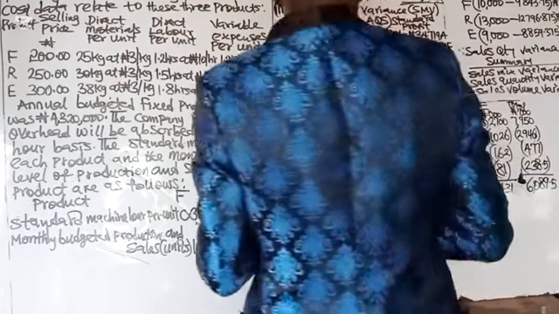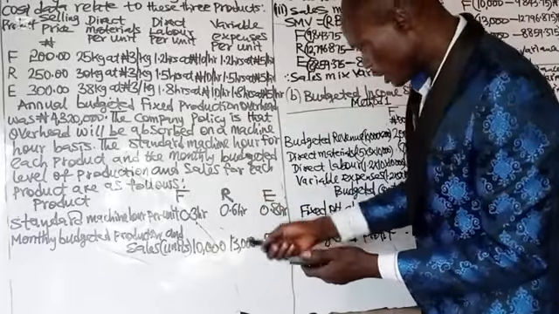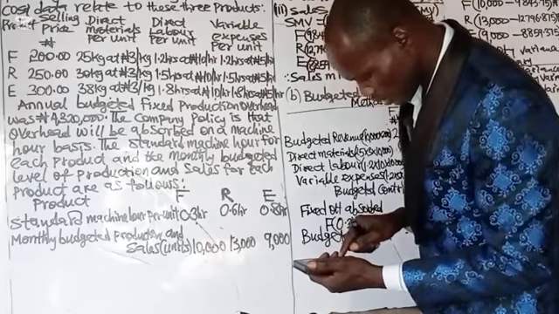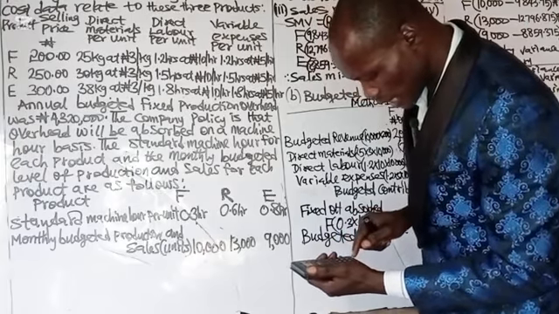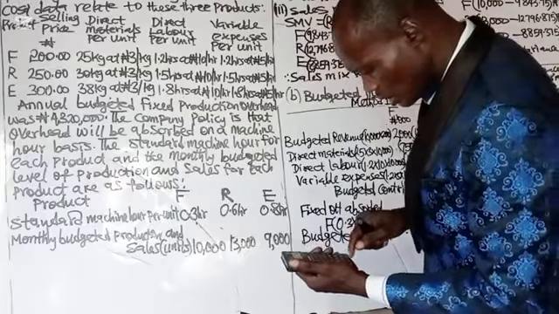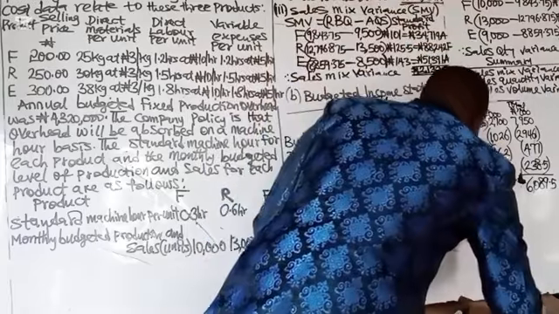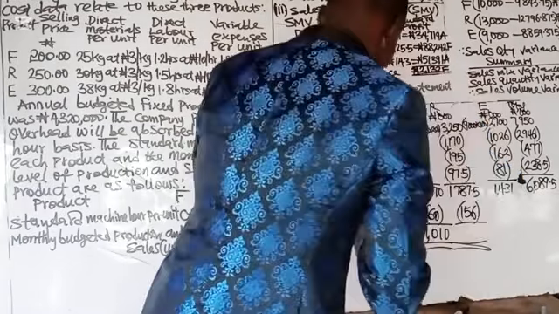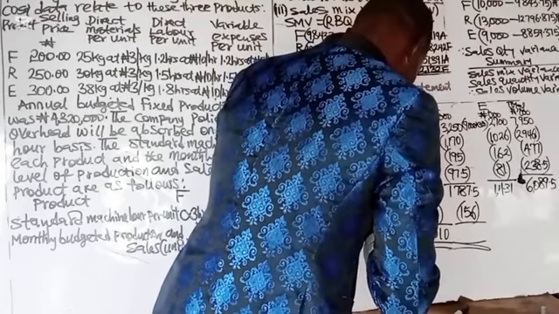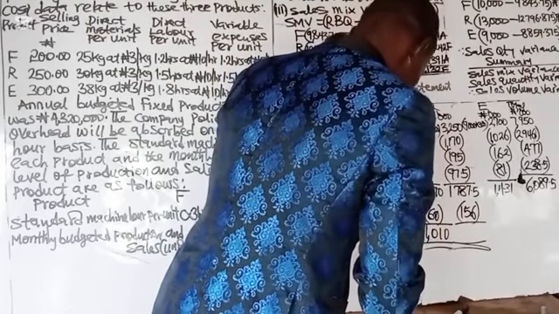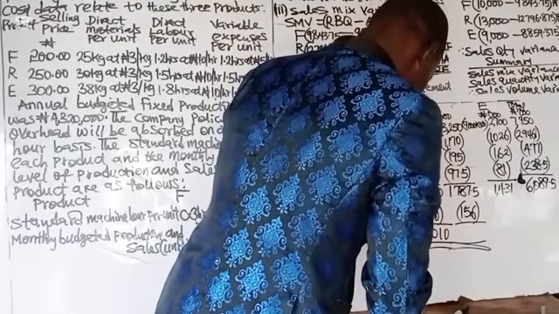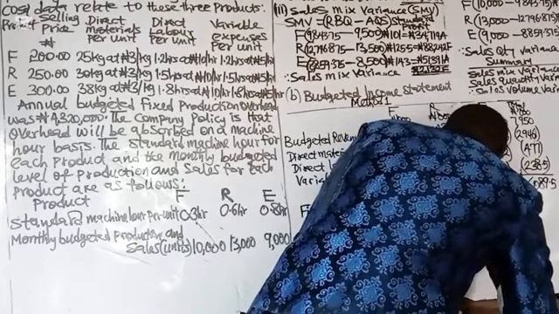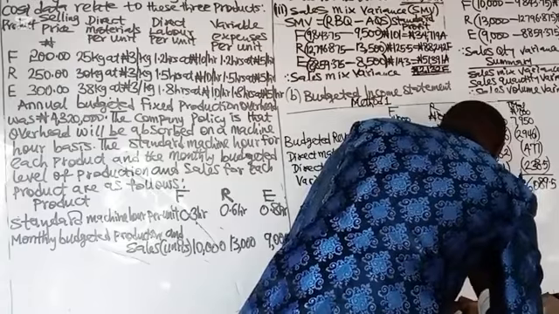Then for R, 0.6 times 13,000 times the fixed overhead absorption rate, which is 20 naira. We calculated that earlier. So we got 156,000. You subtract it from 1,787,500 and you'll be left with 1,631,500.